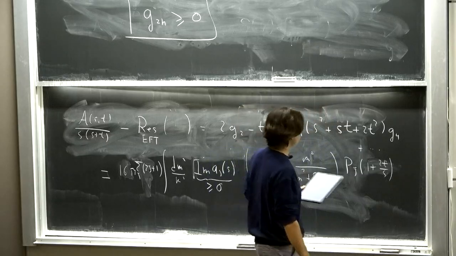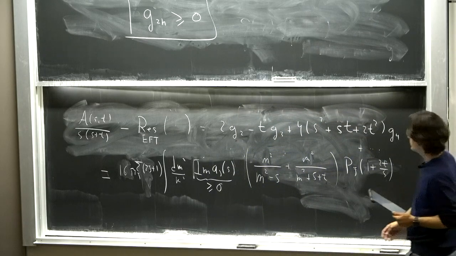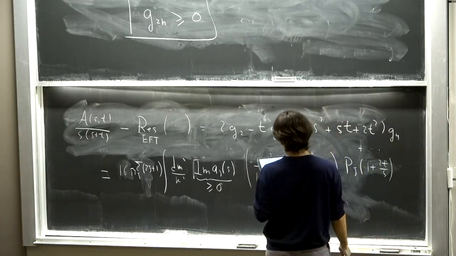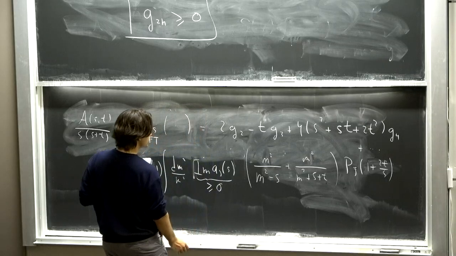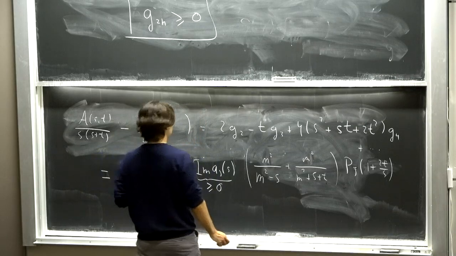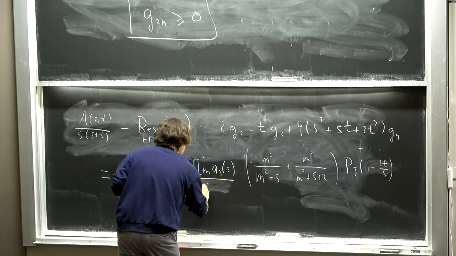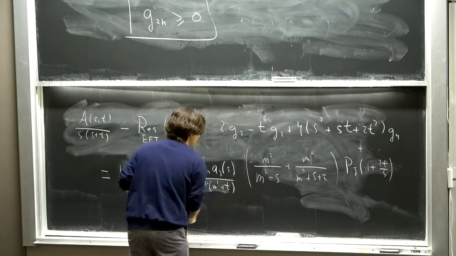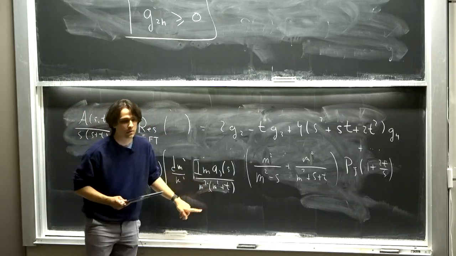So actually what I learned from this exercise, if you keep track of the right powers of s and the masses and all of that, the only thing that survives is this factor of 1 over m to the 4th.